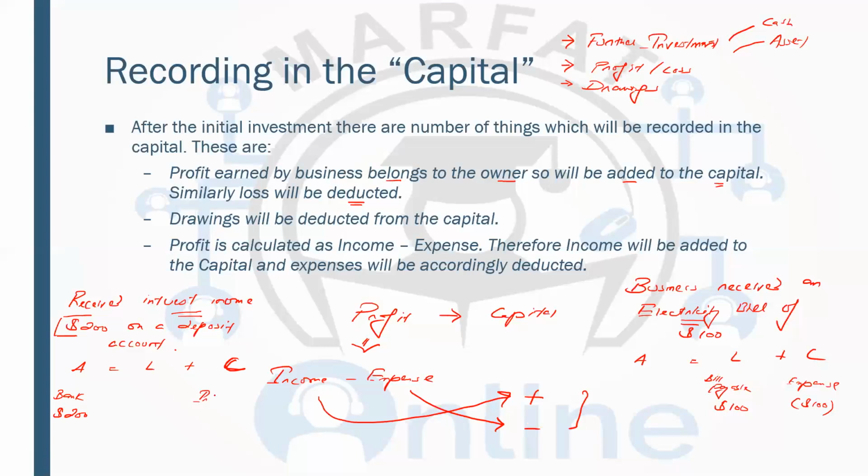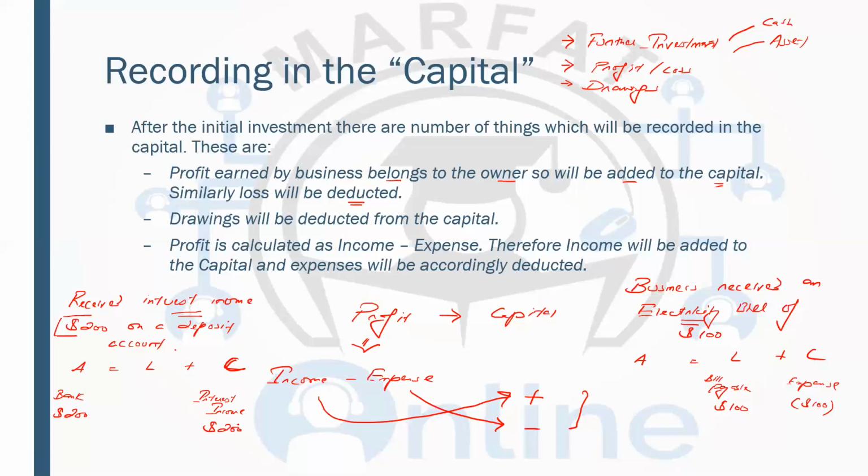So interest income will be recorded over here. So the two aspects are, there is the increase in the assets in the form of cash or bank, and there is the increase in the capital due to the interest income. This is what you need to understand.